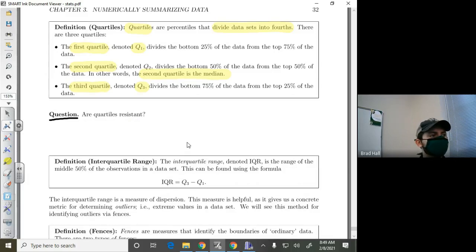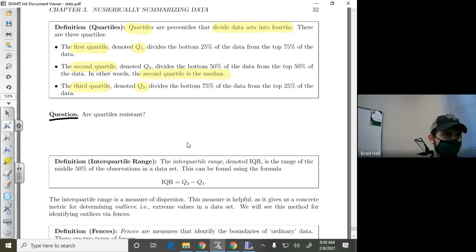What does it mean to be resistant? No, I don't think so. You don't think quartiles are resistant? So what are you claiming here? What does that mean to not be resistant? Because if there's a number at the bottom of the set, or like an outlier, it may screw up the quartile. So you're saying not resistant.